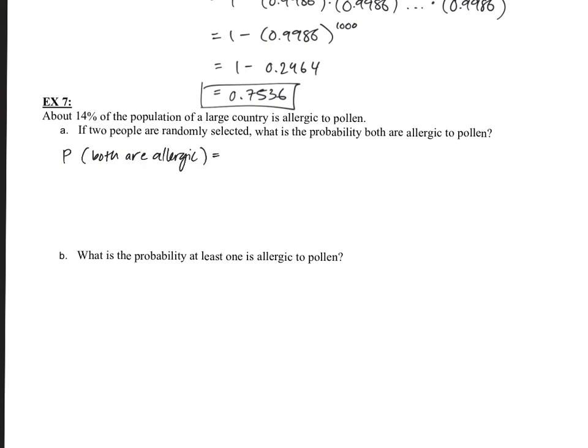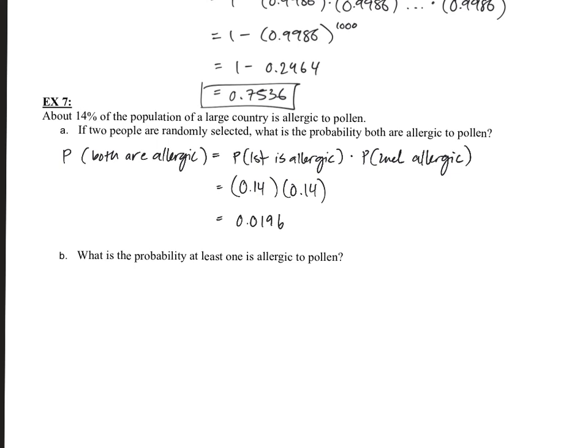That would equal the probability that the first guy is allergic times the probability the second guy is allergic. And the probability is about 14%, so 0.14 times 0.14. Multiplying that out, we get 0.0196. That's the probability that both people are allergic to pollen.